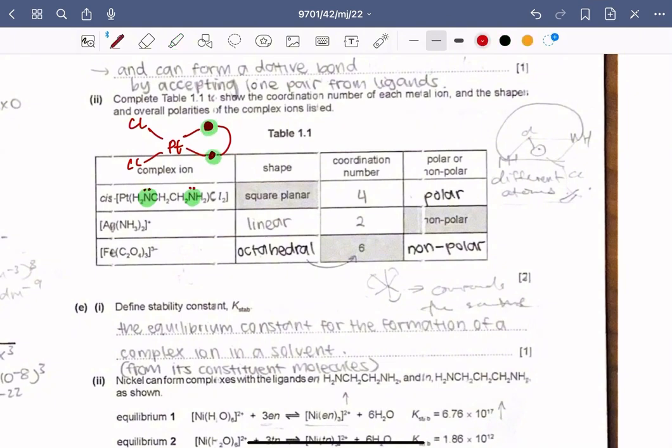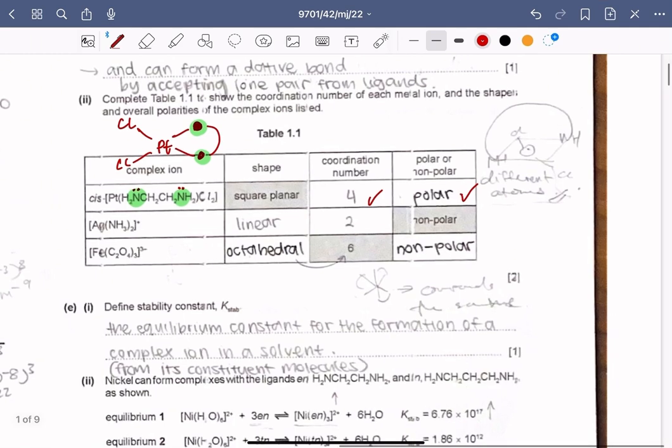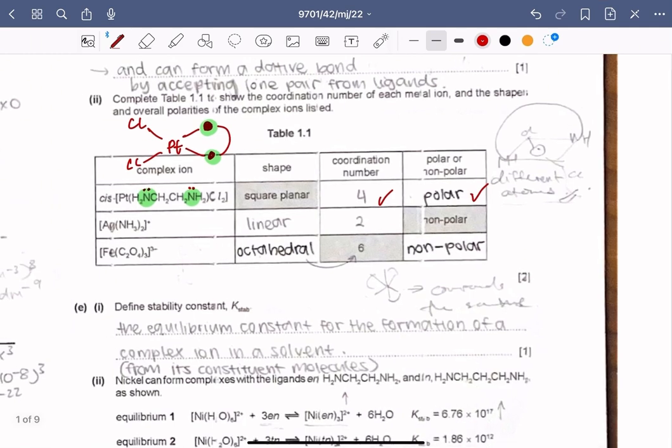Therefore the coordination number is 4, and it is a polar compound. It's a polar compound because it is not symmetrical actually. Okay, next.